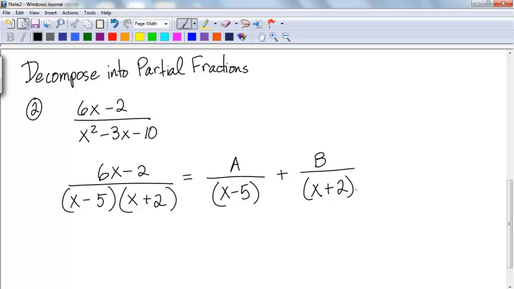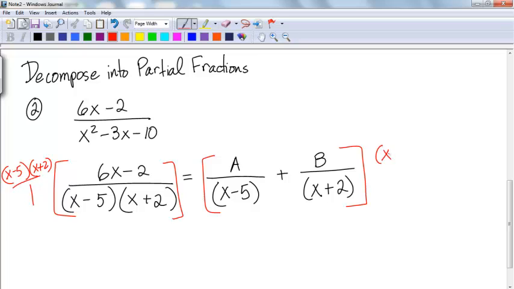So if we get rid of the denominators, if we multiply on both sides by the x minus 5 times the x plus 2 on both sides. Okay, when you take this whole thing and multiply this out, do it by sight. Basically, those denominators will divide out, and all that's left is the 6x minus 2.